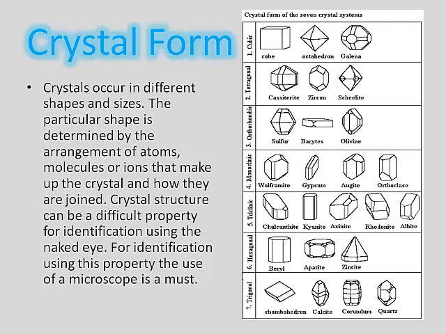The chart to the right shows various examples of several crystal forms. Crystals occur in different shapes and sizes. This particular shape is determined by the arrangement of atoms, molecules, or ions that make up the crystal and how they are joined together. As I said, this property can be difficult for identification if using the naked eye.